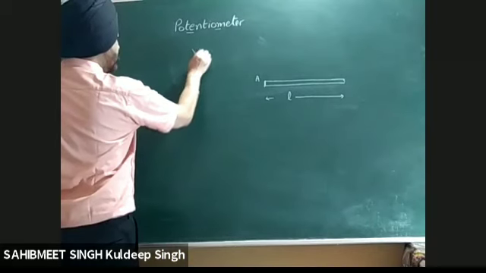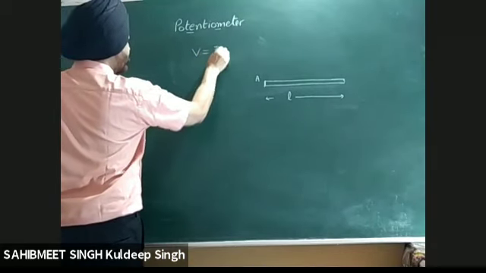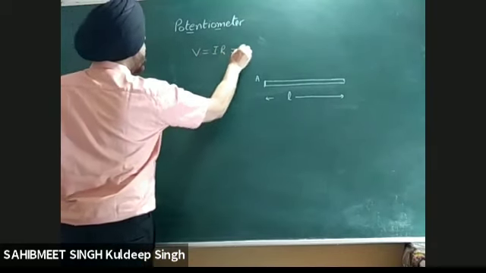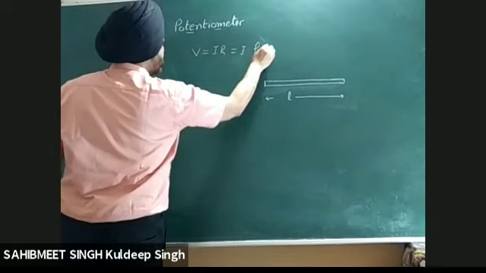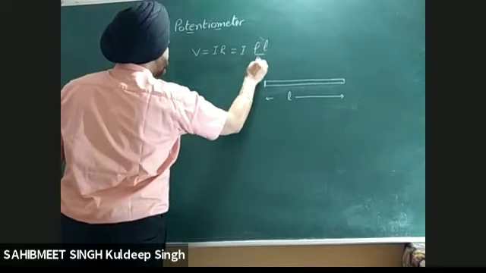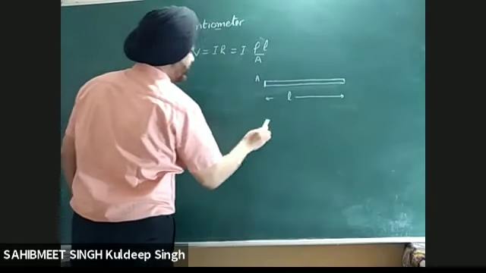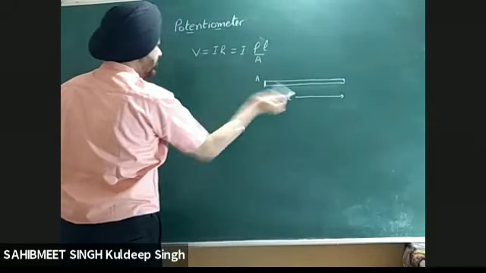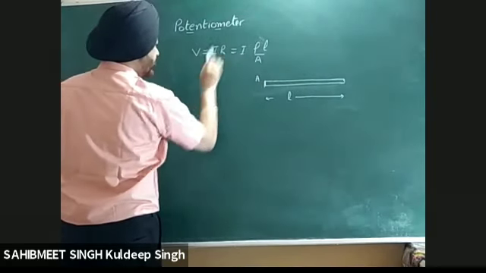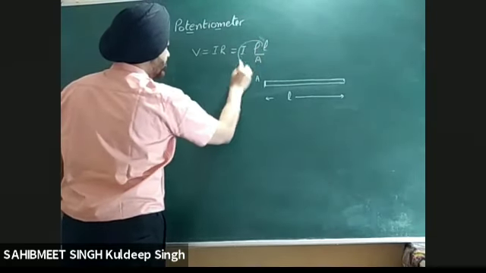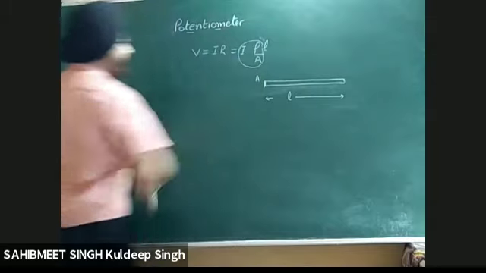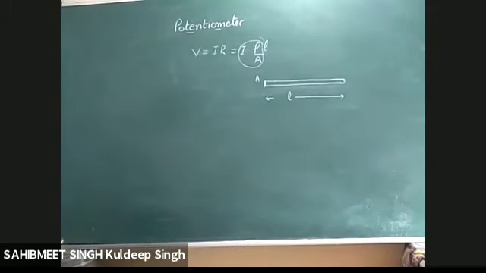So what is its principle? As you know, V is equal to IR and R is equal to rho L by area. If I keep the area of the wire constant, resistivity is constant for a given temperature, and I is kept constant in the wire, then this becomes constant.